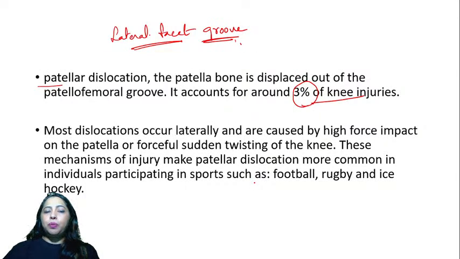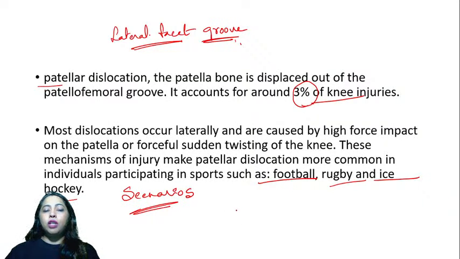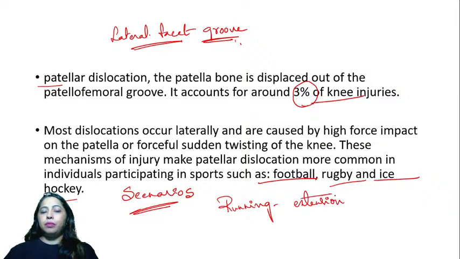Okay, so now this can get dislocated in football injuries, rugby, ice hockey. All these are some of the scenarios they can give you. All these kinds of sports involve running and extension of the knee.